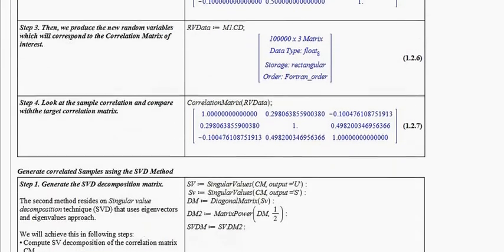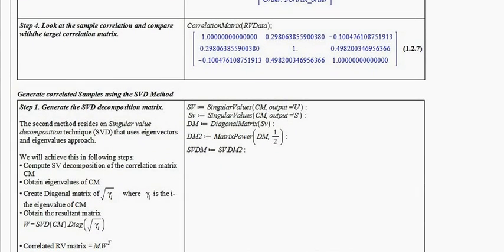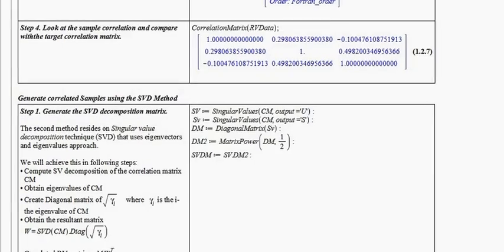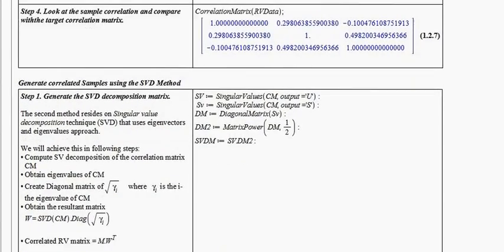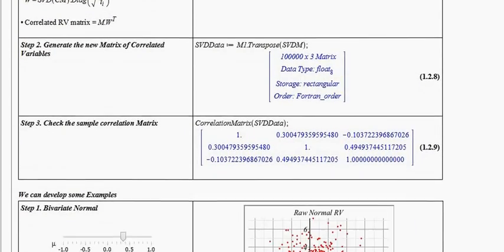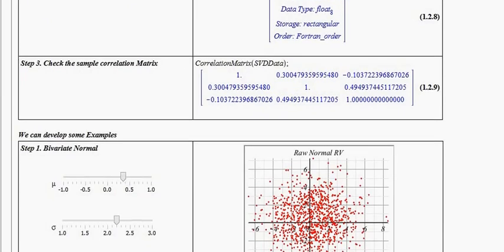So here's the step-by-step process. We can also use singular value decomposition techniques to achieve a similar result. I will skip this part since it's been already seen in class.